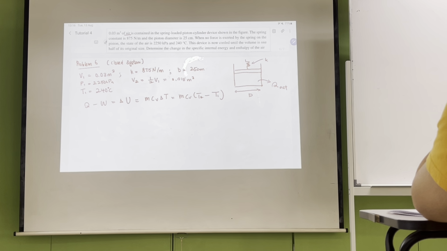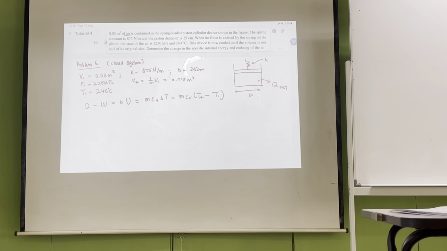To be fair, for this question you don't really need to write Q minus W, because the question specifically says specific internal energy and enthalpy, but we can write it out just to look at this question.